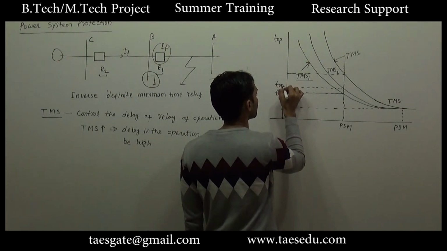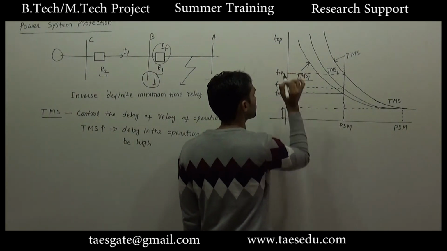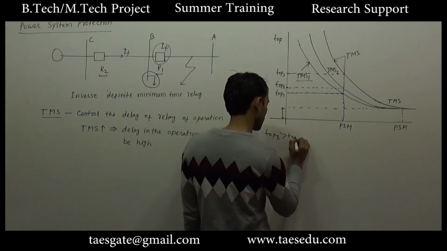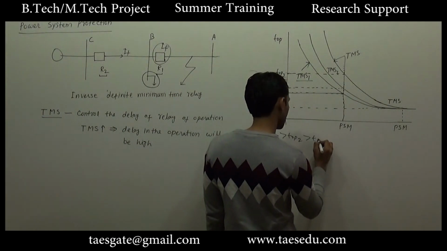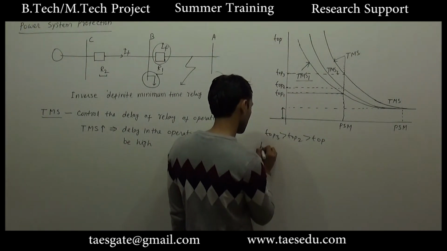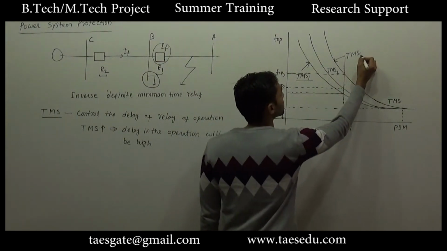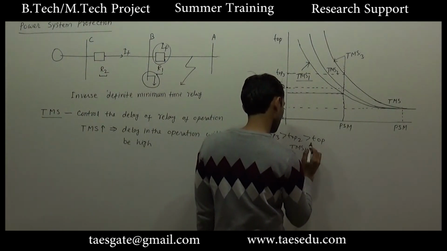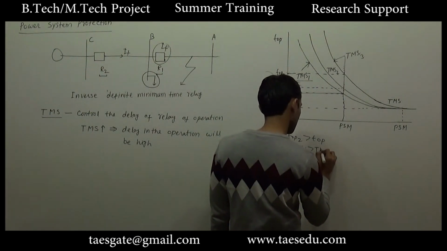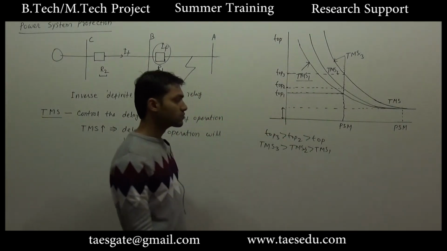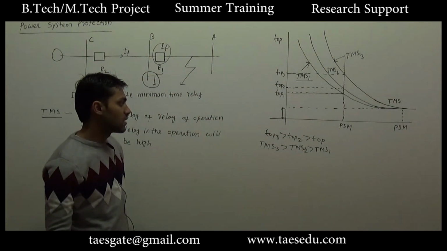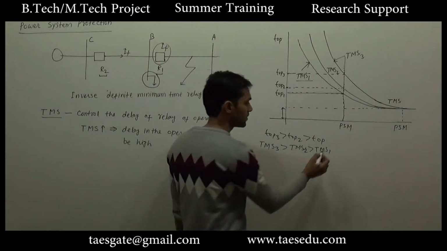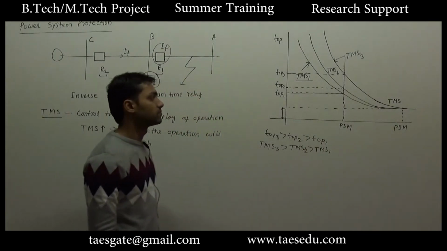T operation 1, T operation 2, T operation 3. So we'll say T operation 3 is greater than T operation 2 is greater than T operation 1, if TMS 3 is greater than TMS 2, TMS 2 is greater than TMS 1. For the same value of PSM, if time multiplier setting is higher for a relay, then the time of operation will increase.